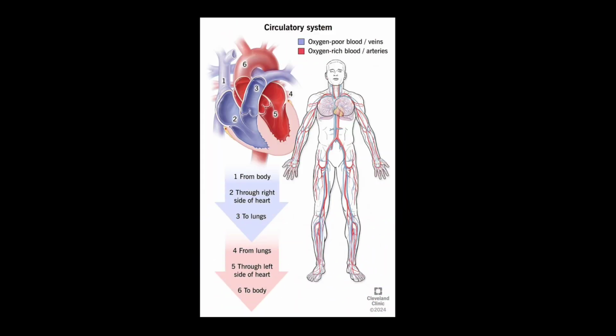So the blood enters the right side of the aorta, pumps to the right side of the ventricle. So right, then it gets oxygen from the lungs and goes back to the heart, entering through the left aorta, and then pumped by the left ventricle, and it delivers oxygen-rich blood to the rest of the body.